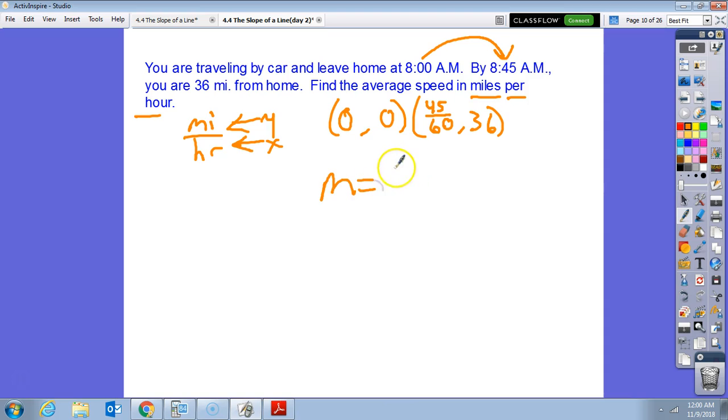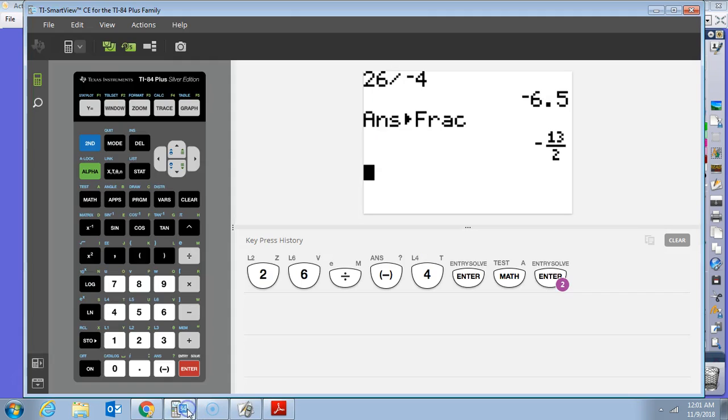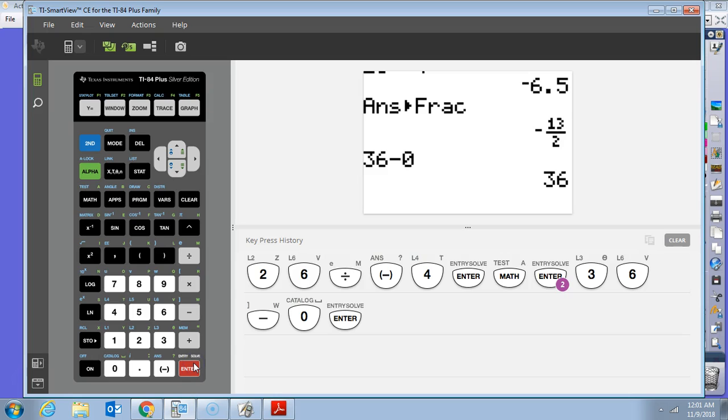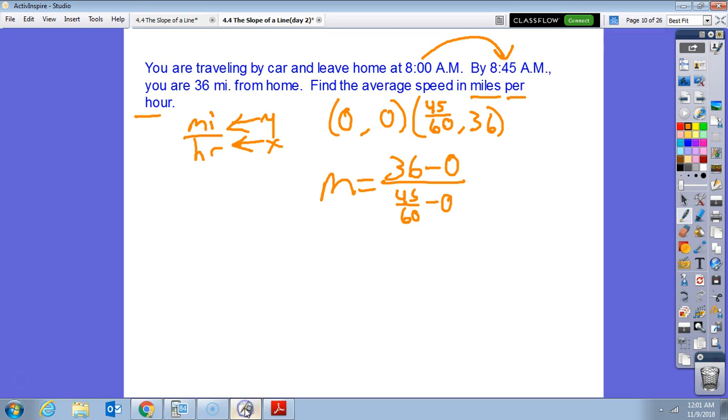Now you can just find your slope, because it's the same thing as the rate of change. 36 minus 0, over 45 over 60 minus 0. Yes, I know some of you know that this is 3/4. That's fine. But I just use my calculator. Hopefully you don't need a calculator for 36 minus 0. But then you have 45 over 60 minus 0.